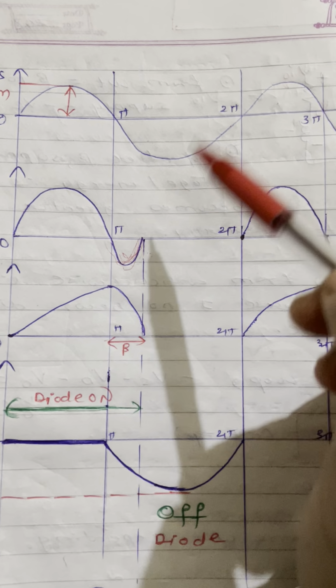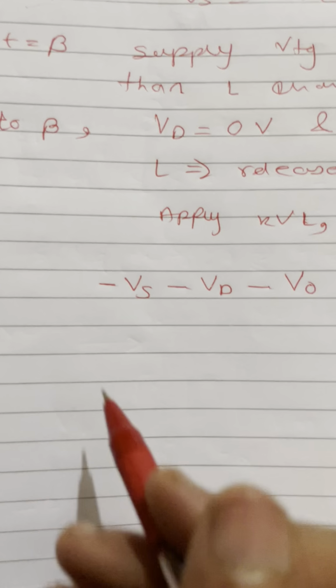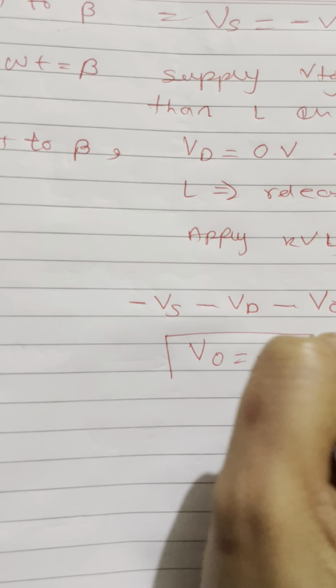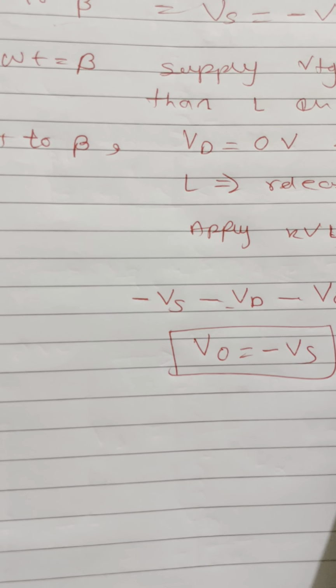So negative, negative, negative. So this equation is minus Vs minus Vd minus V0 is equal to 0, so that we get V0 is equal to minus Vs, because Vd is again 0.